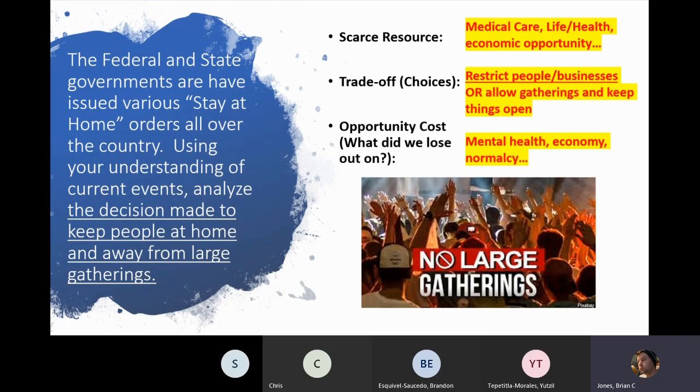There's only so many hospitals, beds, ventilators. There's only so much capacity to help people getting infected. So we have to make the choice to try and reduce that. So the government has made these choices to tell us to stay home and to ban large gatherings because there's a scarcity of medical care.